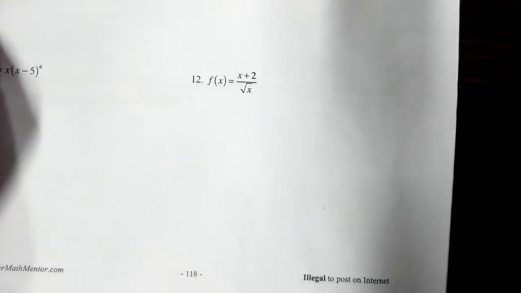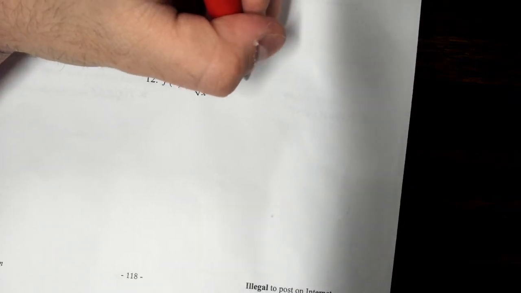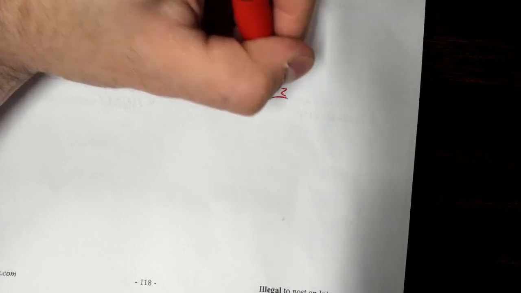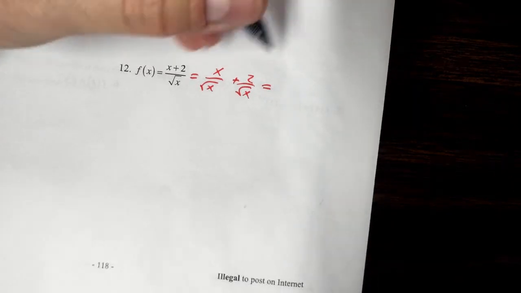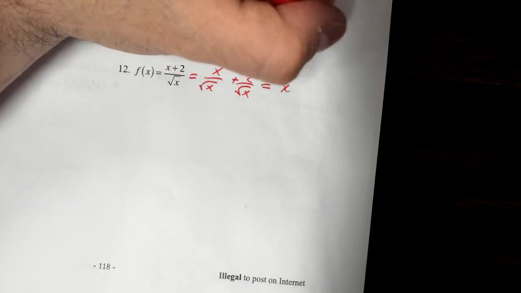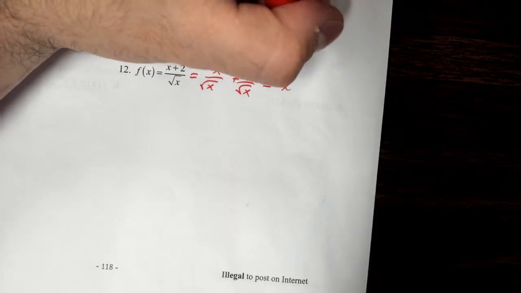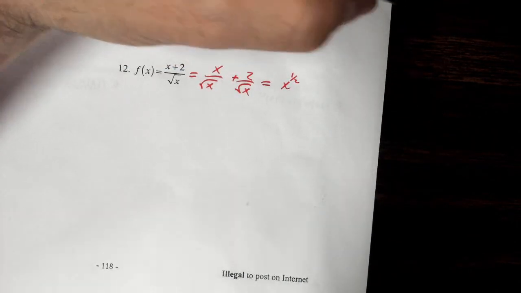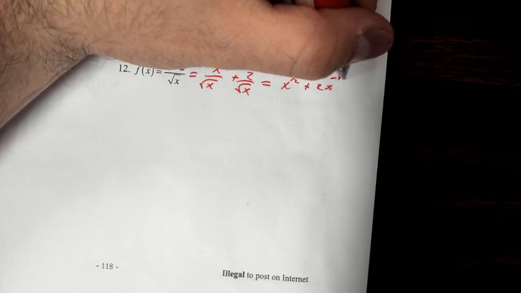I apologize, I did not do that problem the easiest way, so I'm going to start it over a much easier way by splitting it up to x over square root of x plus 2 over square root of x, which is x to the 1/2 plus 2x to the negative 1/2.